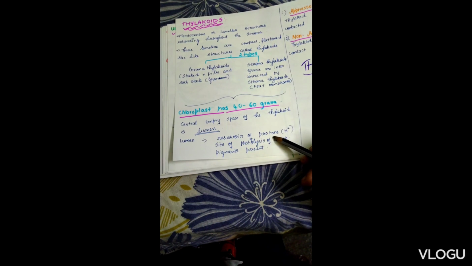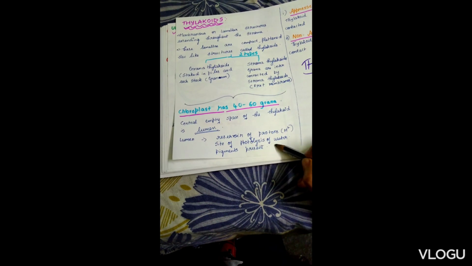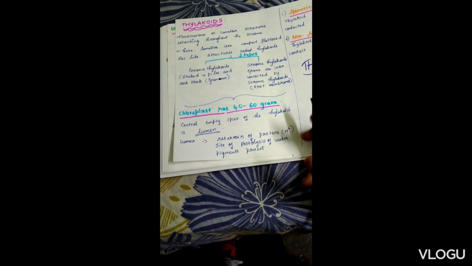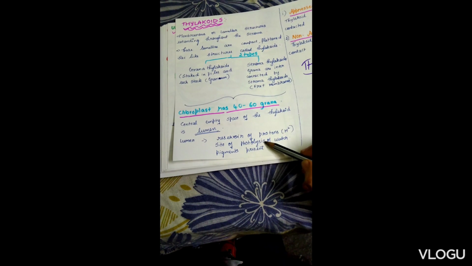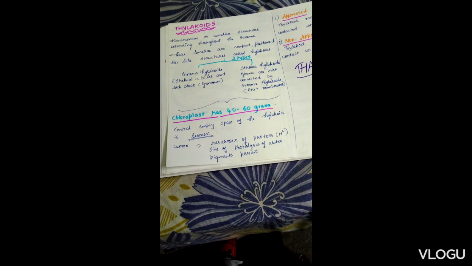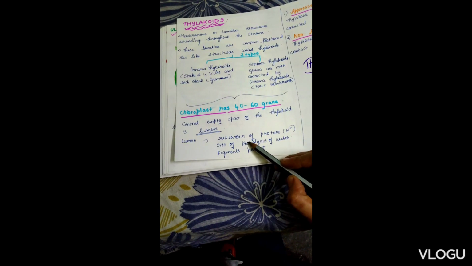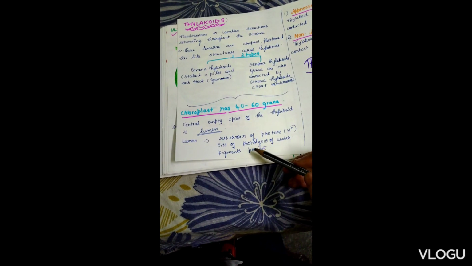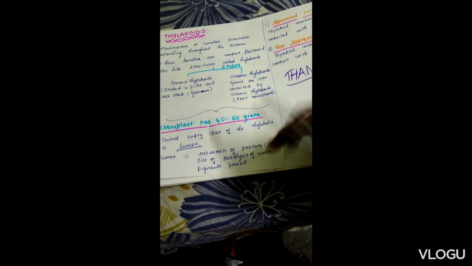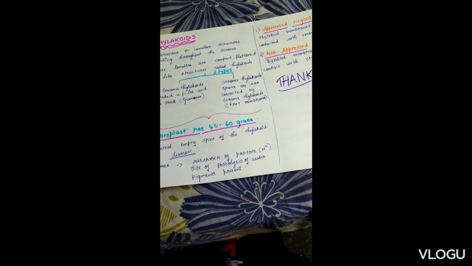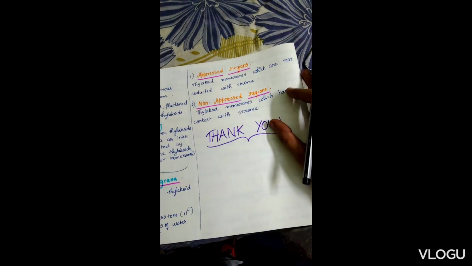So they form a reservoir, that is they store the protons, and also photolysis of water. Whenever light reaction happens, water will be broken down, that is called photolysis, means broken down in presence of light. And all other pigments are present in the lumen. So it is very important.